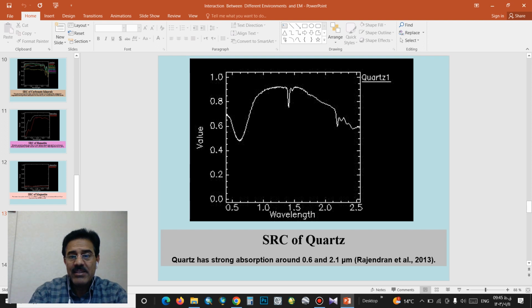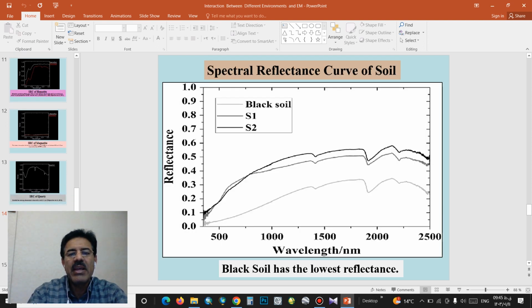And this graph: a spectral reflectance curve of quartz. Quartz has strong absorption around 0.6 and 2.1 micrometers. Spectral reflectance curve of soil.